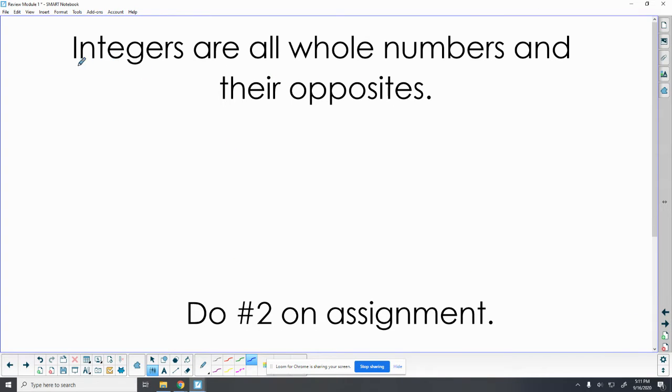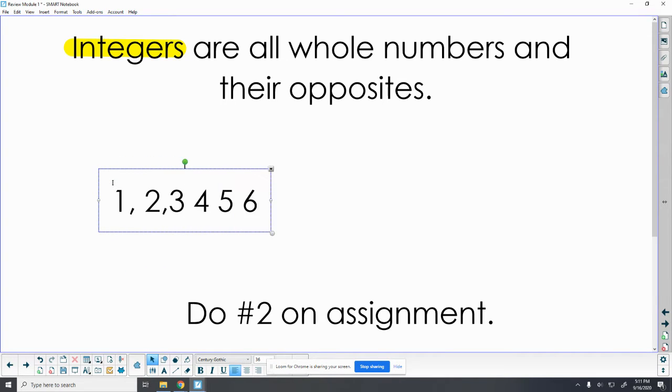So one thing we need to remember is that integers are all whole numbers. Whole numbers are things like 1, 2, 3, 4, 5, 6, 7. Sorry, I didn't stop putting commas in there. So all whole numbers, so no decimals, no fractions. This can go on and on forever.